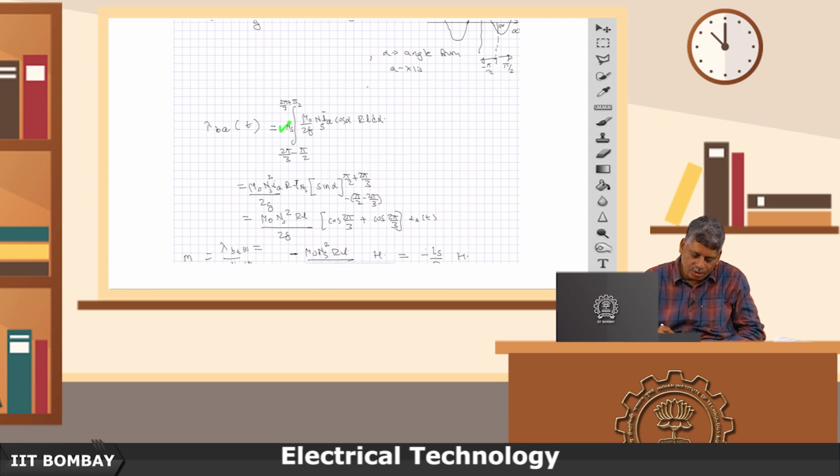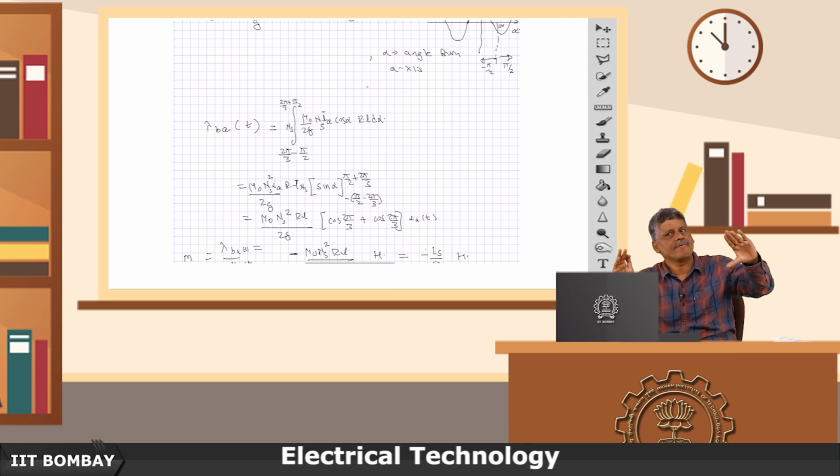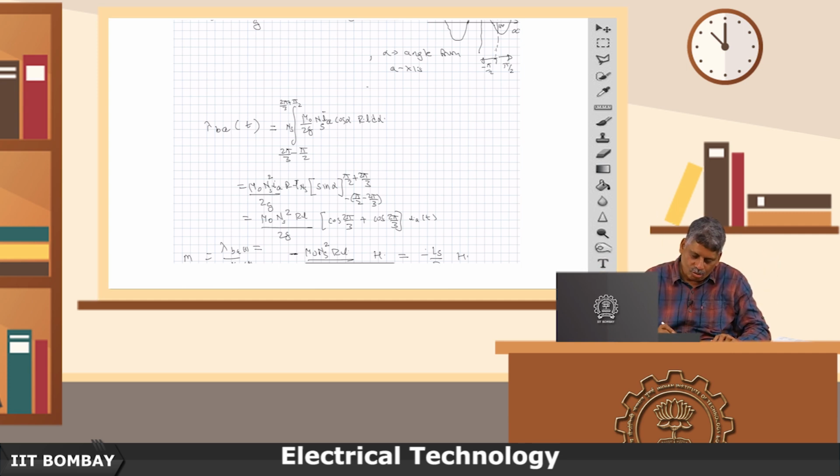So, Ns into Ns will create Ns square, because both the A phase winding and the B phase winding are having the same number of turns. So, mu 0 Ns square by 2g, R times L, all that comes out.